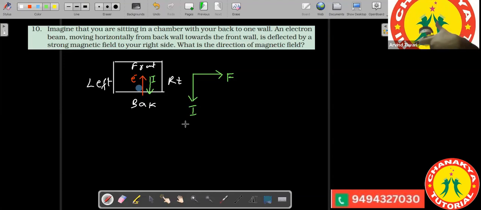Keep it there, and your finger, this current, should point towards you. Then rotate your hand so that current is over there. So now you have your current pointing towards you, force pointing towards your right, your thumb pointing towards your right, and the magnetic field is pointing in the downward direction.